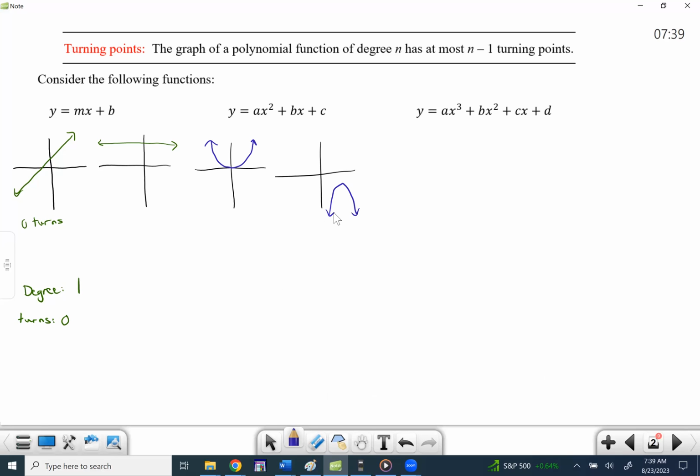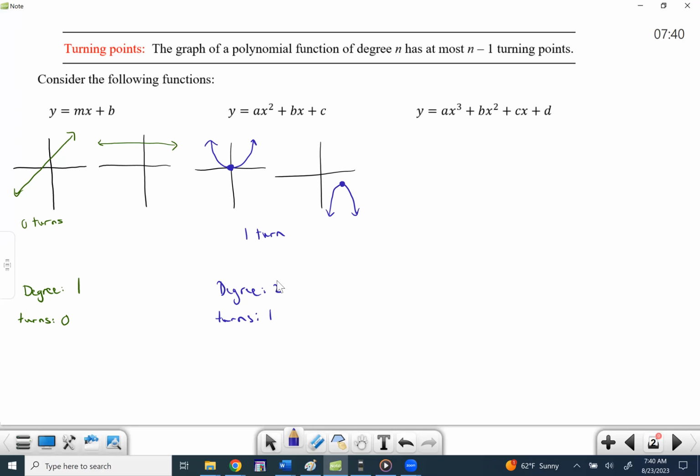And so now we can see we actually do have turning points, right? We have one turning point. All right, so the degree for this was degree 2. And the turns, well, there was 1. So we still have this idea of 1 less, right?